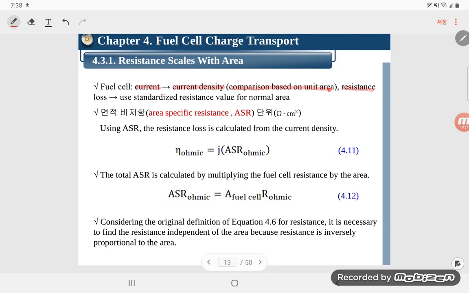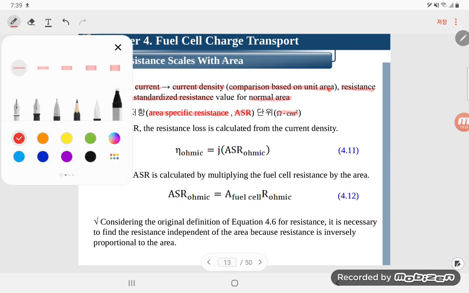We also should use the standardized resistance value for unit area. So we use the area specific resistance, which is ASR. And the unit of this ASR is ohm square centimeter. So in the fuel cell, we use the ASR from now on. So using ASR, the ohmic loss is calculated from the current density.